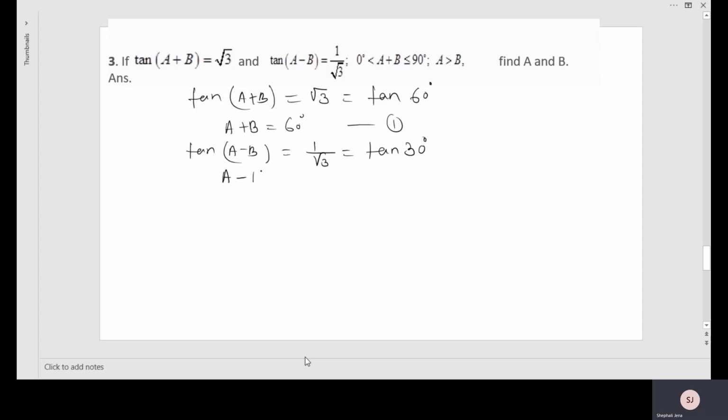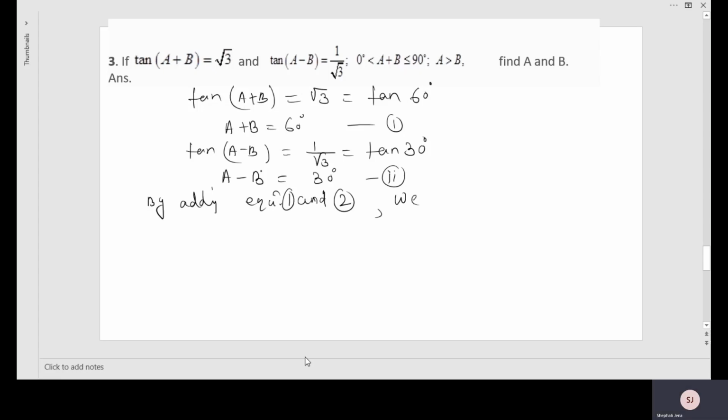So a minus b is 30 degree, equation 2. Now we should find the value of a and b, where a plus b is greater than 0. Now recall your linear equations: by adding equation 1 and 2.